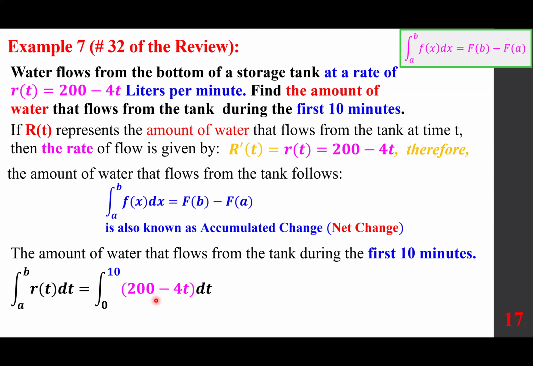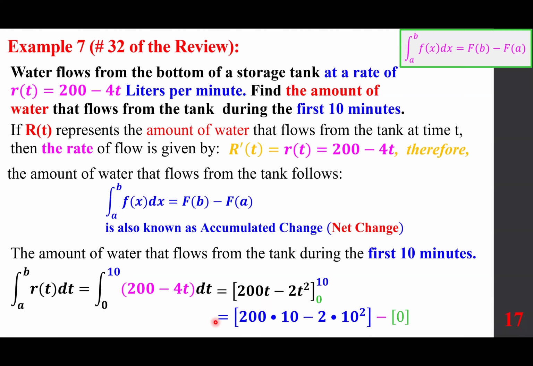So we went over all this explanation to mention this is an application problem following the net change theorem, or accumulated change theorem. So this becomes 200t, this becomes minus 2t squared, that shouldn't be a big deal. You plug in 10, you plug in 0. So obviously 0 makes it 0.